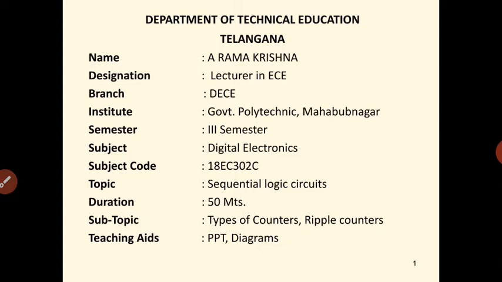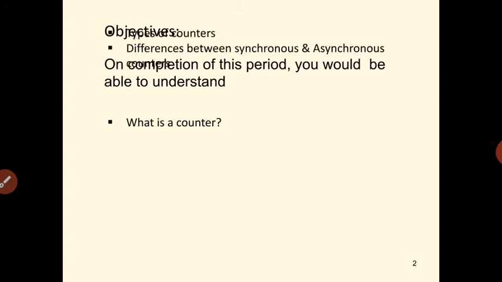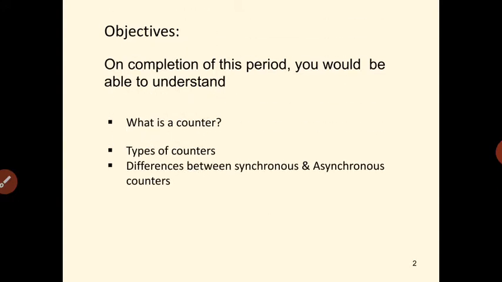We will start the sixth chapter with the types of counters in this lecture, and one type of counter is the ripple counter. We will see the working of the ripple counter. The main objective of this lecture is to know what is a counter, what are the different types of counters, the difference between synchronous and asynchronous counters, and the working of the ripple counter.